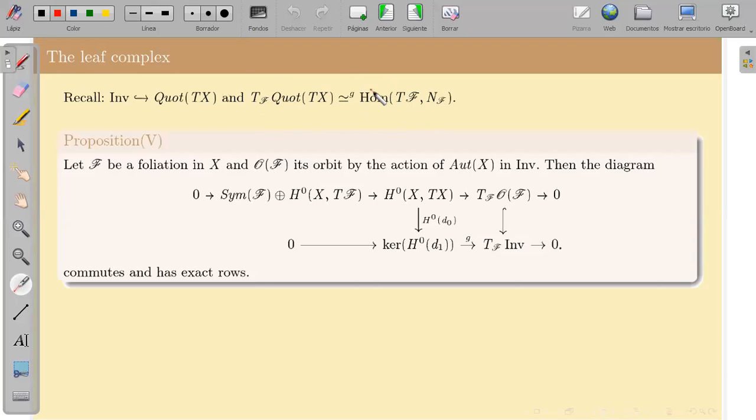I will not explain the whole diagram, but we can construct a diagram explaining exactly how we can use this isomorphism and the leaf complex in order to understand the tangent space to our moduli space and to the corresponding orbit. Okay.